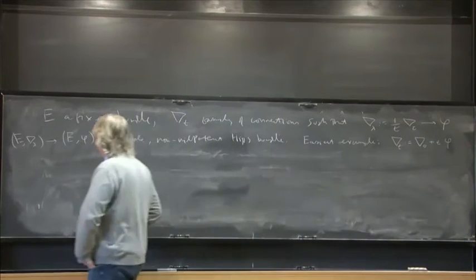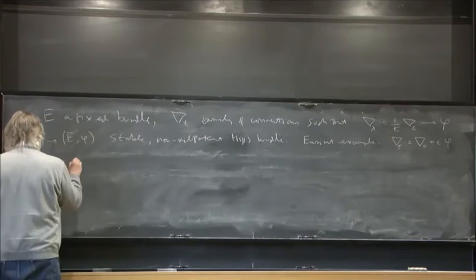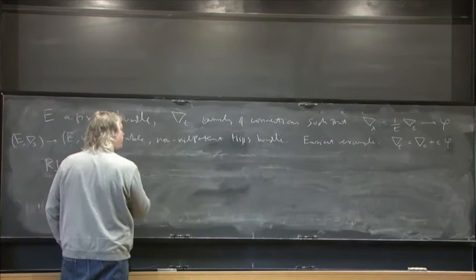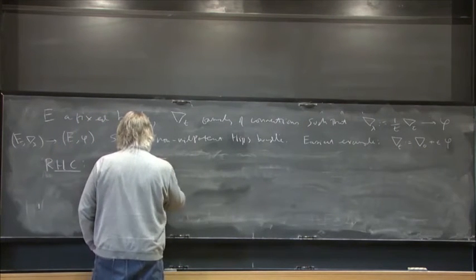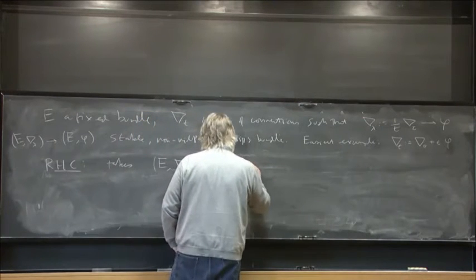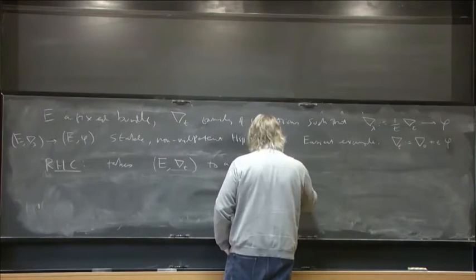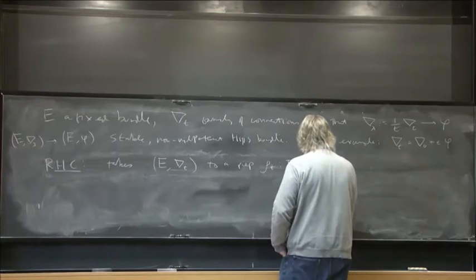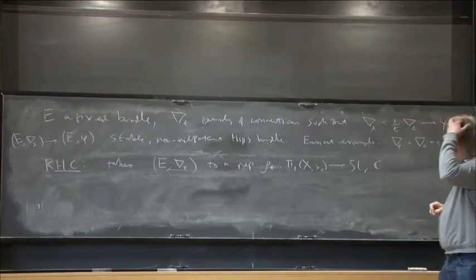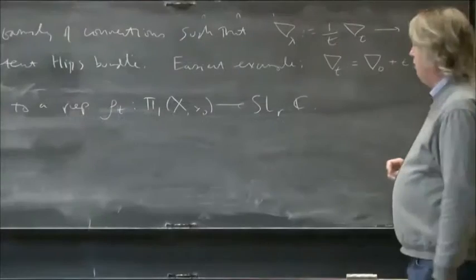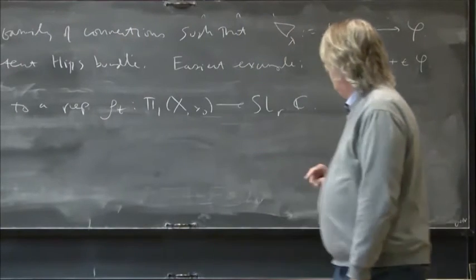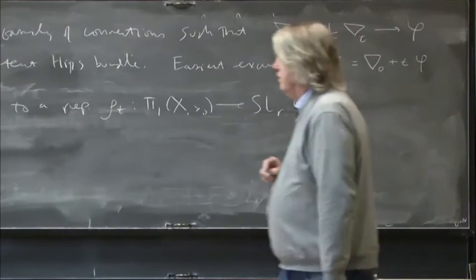Now we can take the Riemann-Hilbert correspondence. The Riemann-Hilbert correspondence takes this family of connections to a family of representations, rho t, from pi 1 of X into SL(n, C).